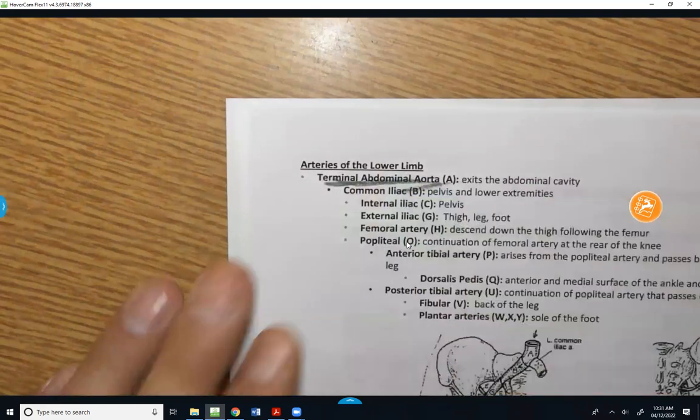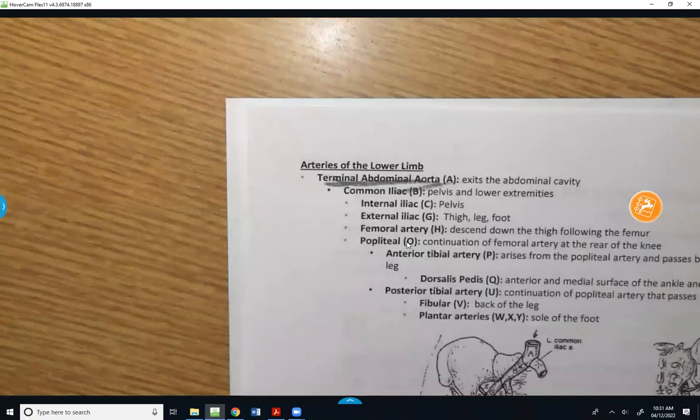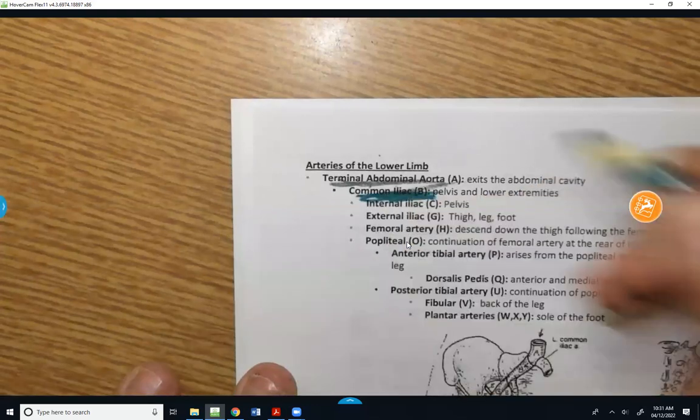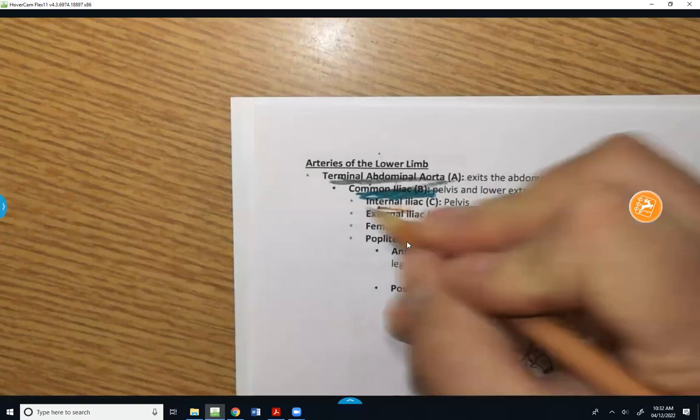I'm going to color this cool gray color according to my old pencil. That's what it's called. Coming off of it is a common iliac on each side, feeding both of your legs, just like we've seen for the common carotid.